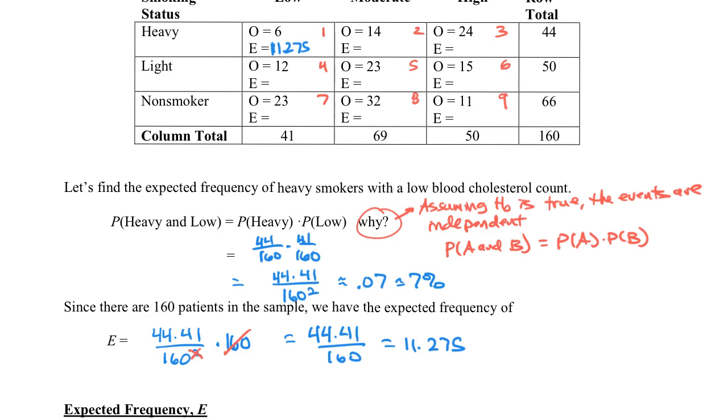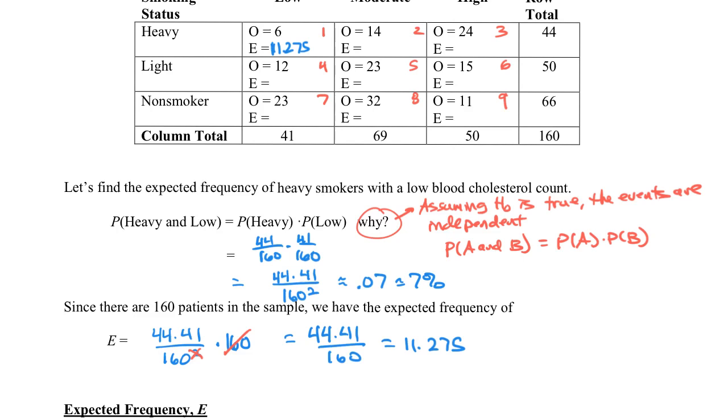So using that formula we just found, let's say I want to figure out this one right here. If you look at what we've got, moderate blood cholesterol count, light smoking status. So to find this E, we take the row total, 50, multiply by the column total, 69, and you divide that by 160.